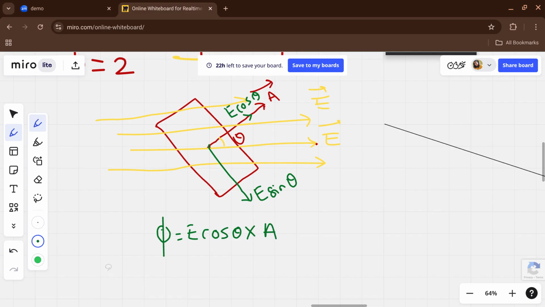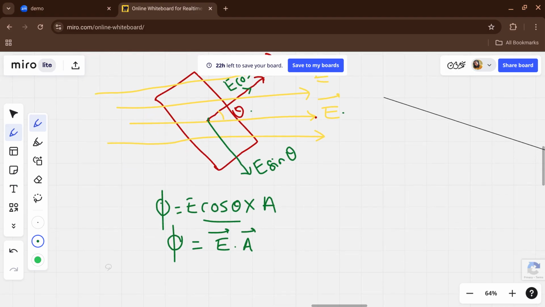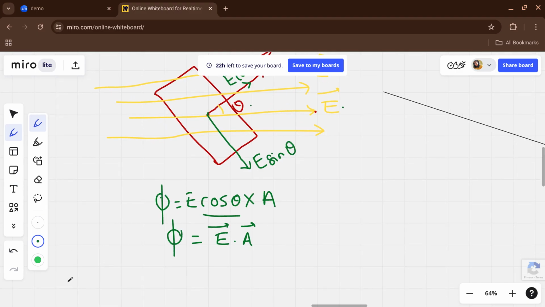A and E are vectors inclined by inclination theta, given by the cosine of the angle between them. So this phi can be nothing but E bar dot A bar: two vectors inclined by inclination theta and given by cosine theta between them. This is the definition of the dot product.